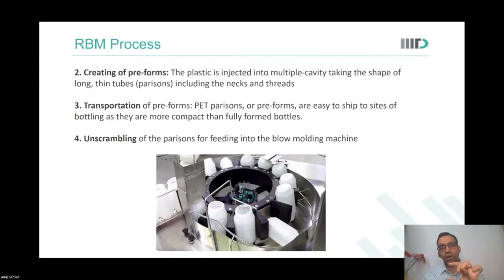The preforms are much smaller. You transport the preforms from where you made them into another place. You organize them, for example, you put them in a kind of belt or something like that, so that they are more controlled.